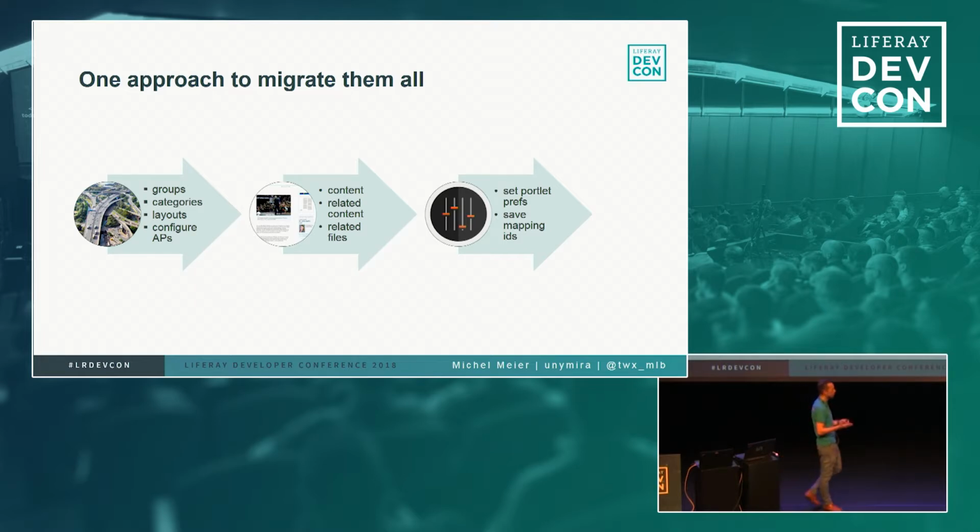So we just create a web content with the structure and not containing any information, just to have those placeholders, and save it in the mapping table, so that it can be migrated in a later step. And so we got rid of the migration order. It is a general approach, and it might apply to many problems you might have, even not in the Liferay universe.